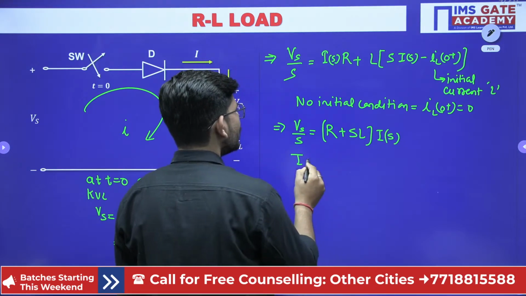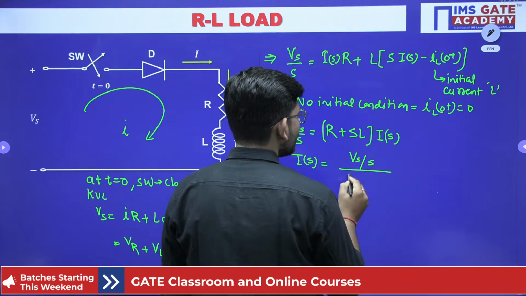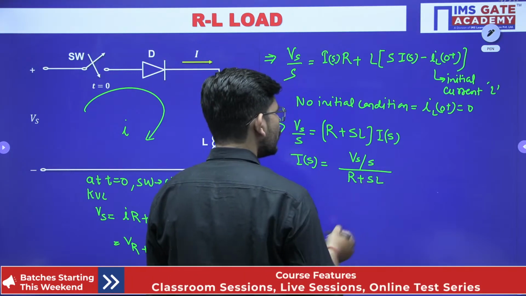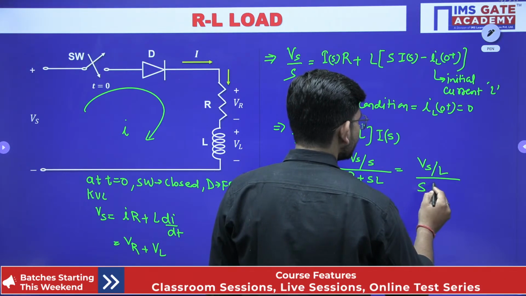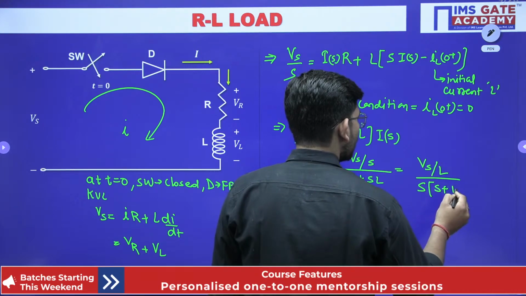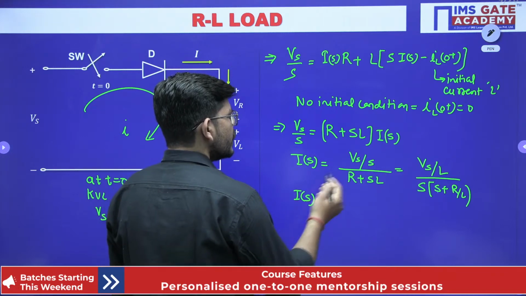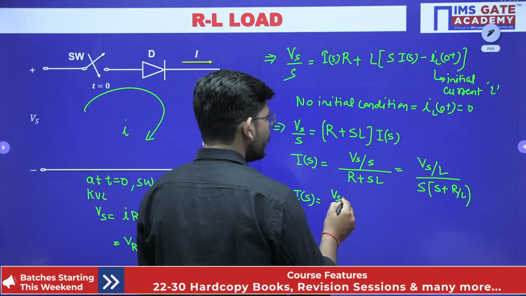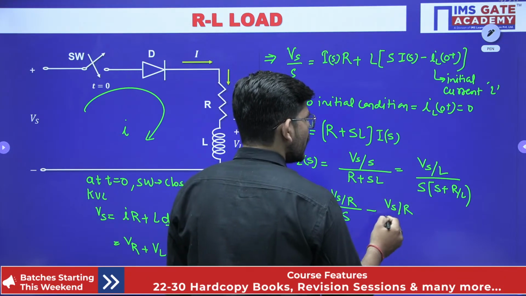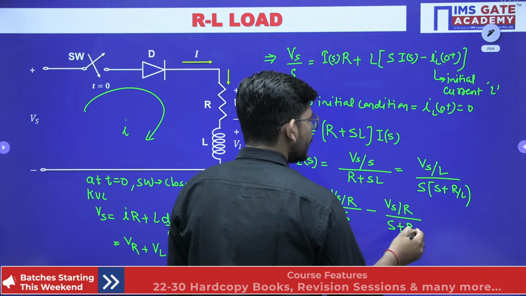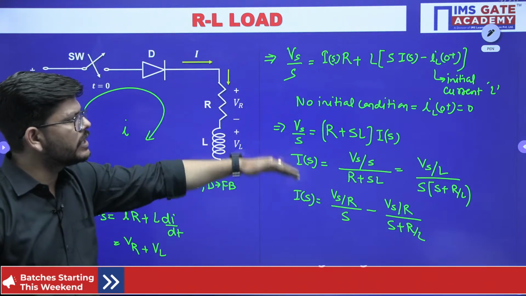Or I can write Is equals Vs over S upon R plus SL, or modify this to Vs over L upon S times S plus R by L. Further, after partial fractions, this becomes Vs over R upon S minus Vs over R upon S plus R by L. This is what I get if I solve these steps further.